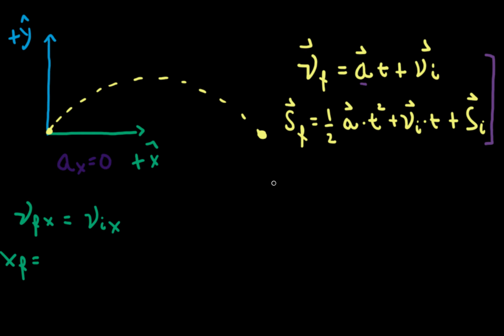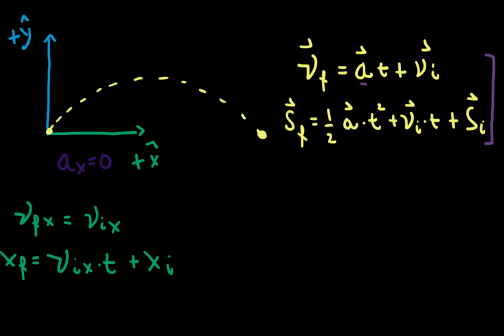The only thing that's left is the velocity initial in x times t, which also happens to be the velocity final in x, meaning that the velocity in x is constant. And then the only thing left is, if you chose the 0, 0 not to be at the start, you would have some x initial. And sometimes that's useful to do.